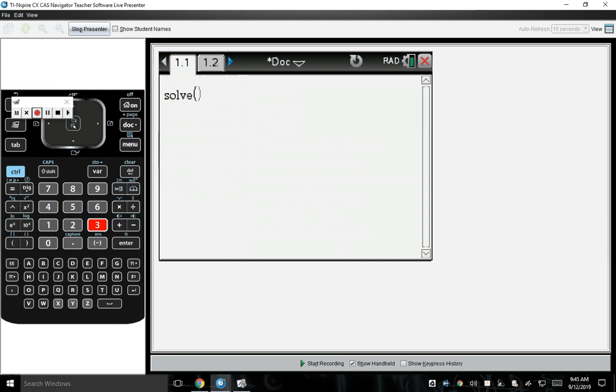What was the equation again? 4x plus 3 is equal to x squared plus 3. Is that correct? Now, you have to tell the calculator what to do. You have to be smarter than the calculator. What variable did we want it to solve for? X, right? So we're going to do comma x. And when I press enter, there's our answers. 2 different ways.